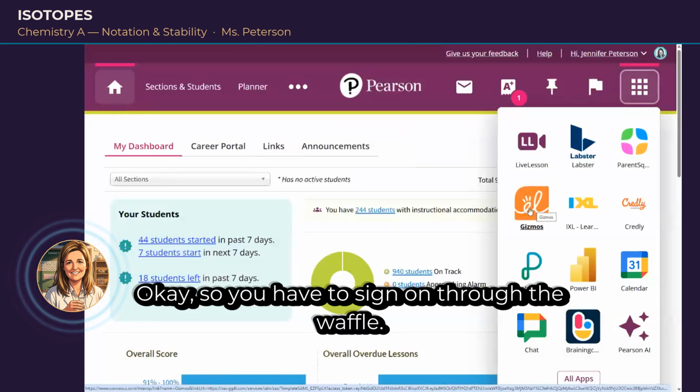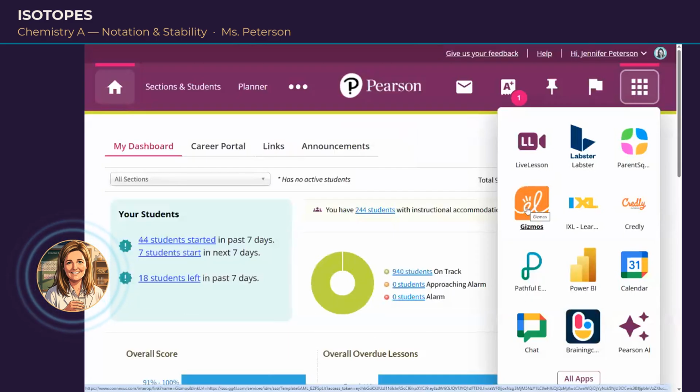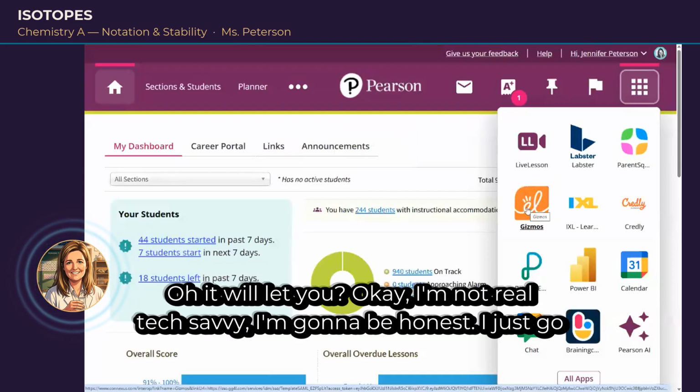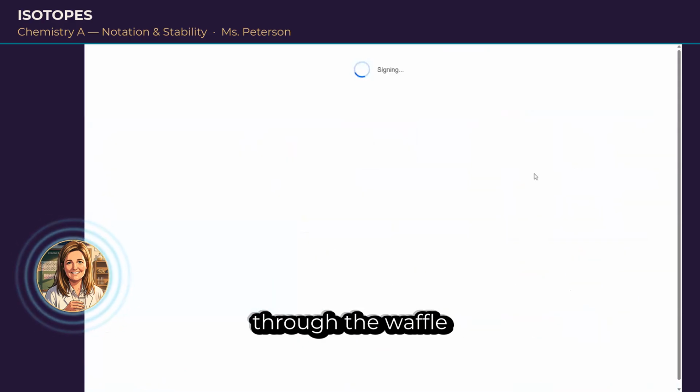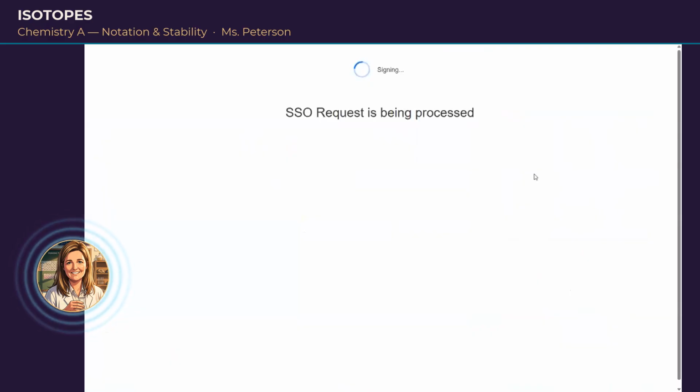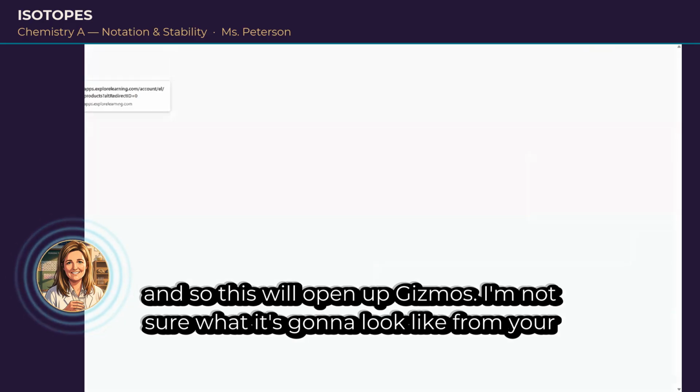So you have to sign on through the waffle. Oh, it will let you? Okay. I am not real tech savvy, I'm going to be honest. I just go in through the waffle. And so this will open up Gizmos.